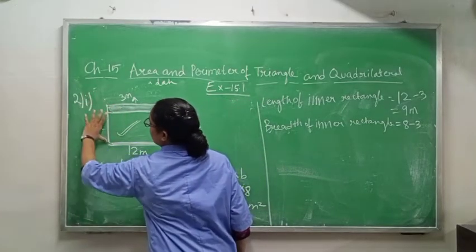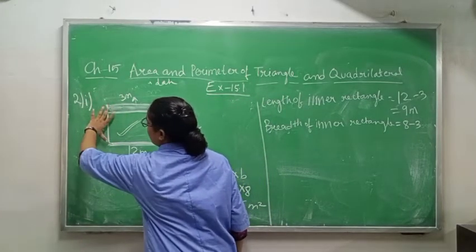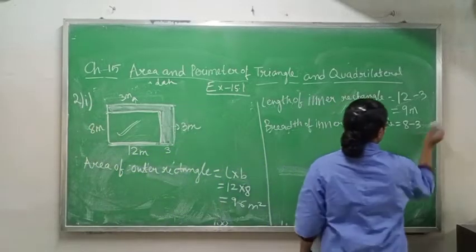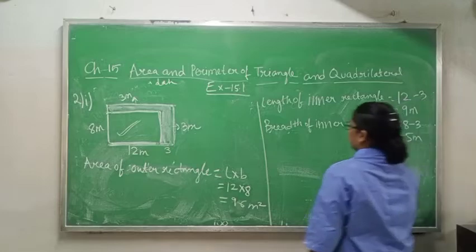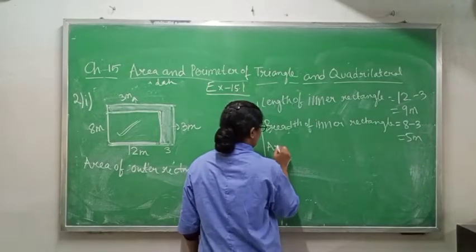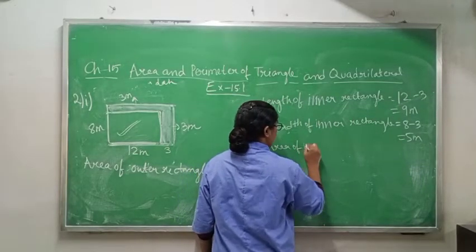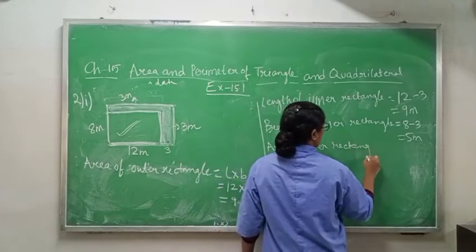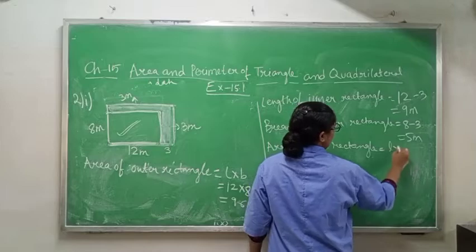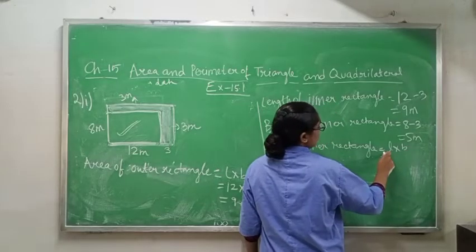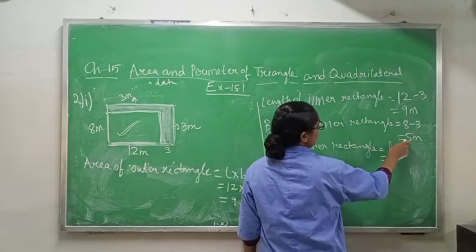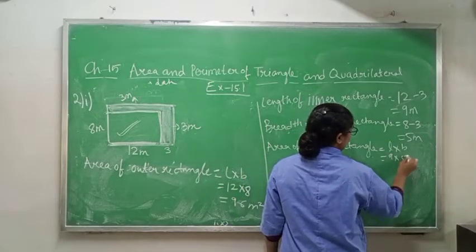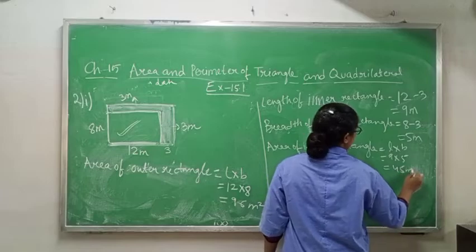So if you subtract 3 from the total of 8, you will get from here to here. So you will write 8 minus 3, which is 5 meter. Now what will you write? Area of inner rectangle equals L into B. So inner length is 9 meter, inner breadth is 5. So you will write 9 into 5, which gives 45 meter square.